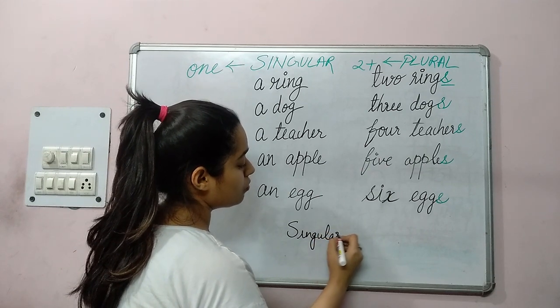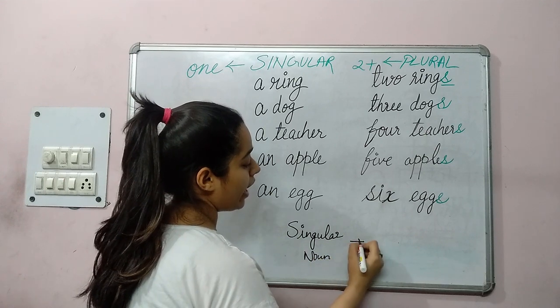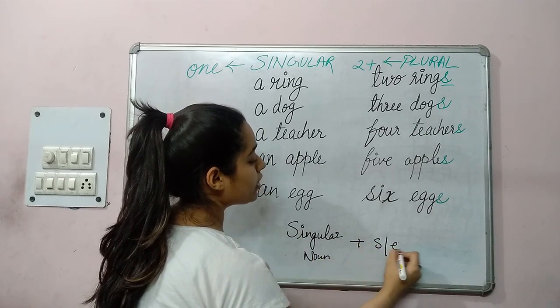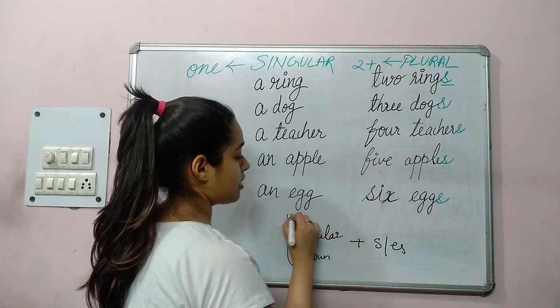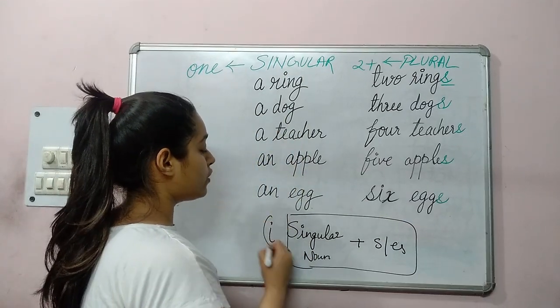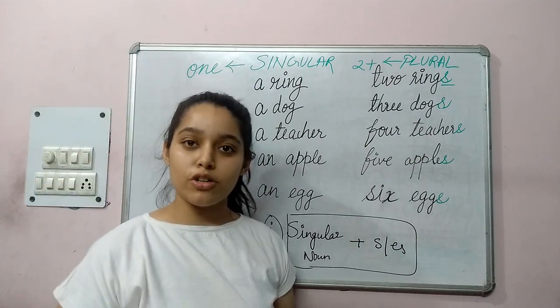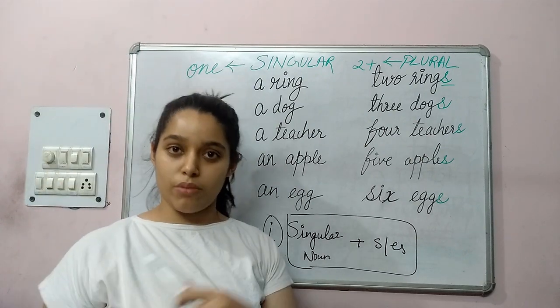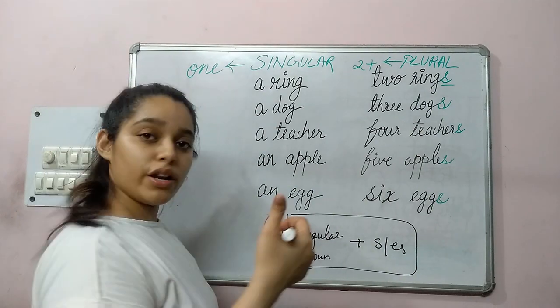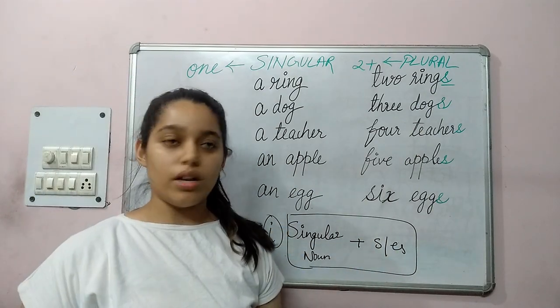Take singular noun, add S or ES. This is one of the rules, right? We definitely have some other rules too, which we will be talking about later on. But the very first rule is add S or ES to a singular noun.